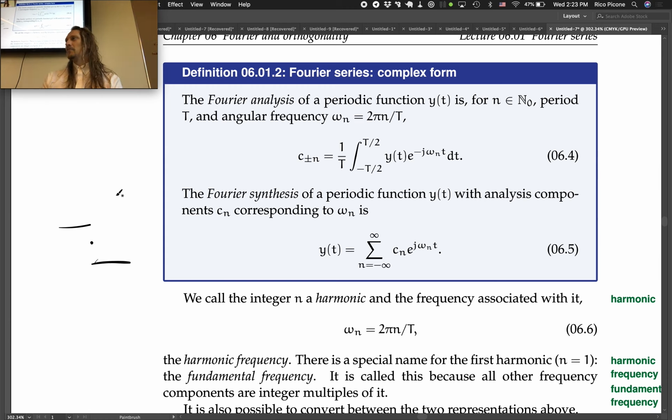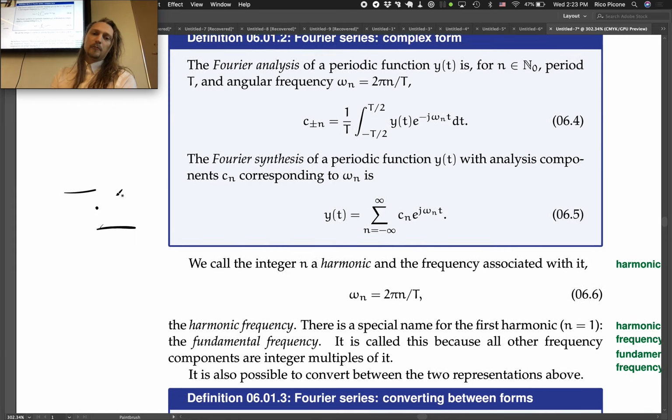So that's the only difference. You can essentially perfectly reproduce every periodic signal with this. It's pretty cool. As long as it's continuous. Or not continuous, as long as it's defined everywhere, so as long as it's piecewise defined on the entire axis.